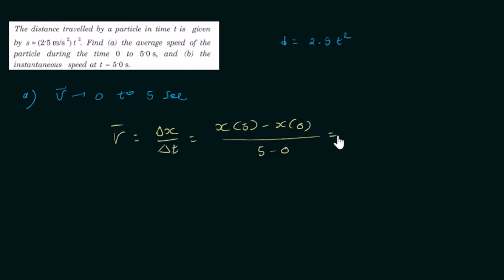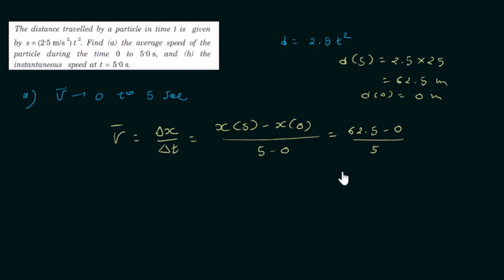Now x at 5, the distance at 5 seconds, will be 2.5 into 25, which is 62.5 meter, and the distance at 0 seconds will be 0 meter. So this is 62.5 minus 0 divided by 5. The average speed will be equal to 12.5 meter per second.